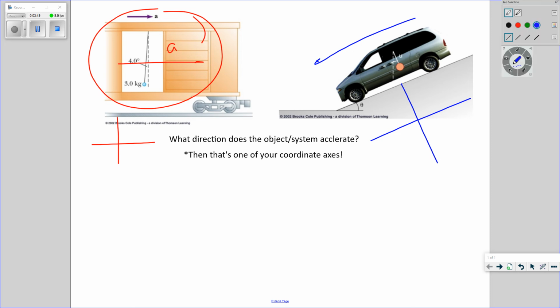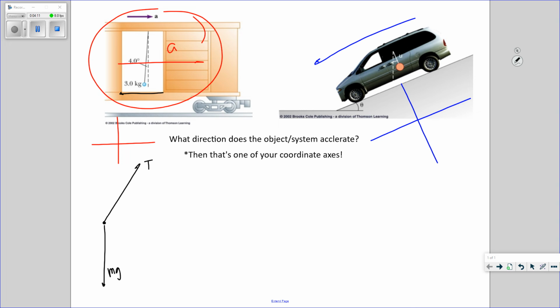So, with that in mind, here is a free body diagram for this hanging ball: mg and tension. That's it. Nothing is pushing the ball to the right. Sorry, left. Nothing is pushing the ball to the left. Well, how come that angle's there?